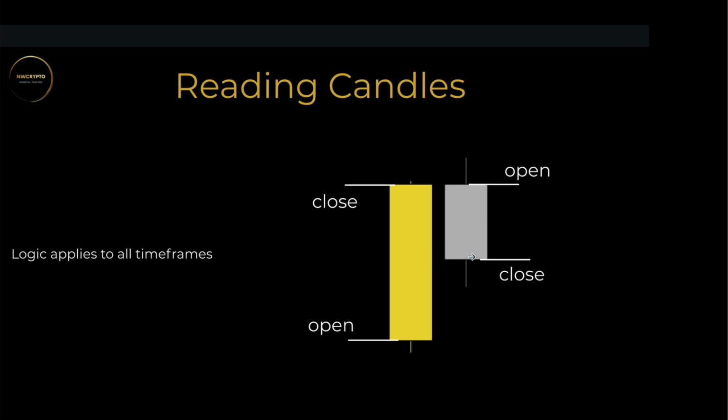And this logic applies to all time frames. It doesn't really matter whether you have a 1 second candle or a candle that represents an hour, 2 hours, 4 hours, a day, a week, or a month. What we need to understand is that there is data within this candle. On the 1 hour, we only see this behavior.